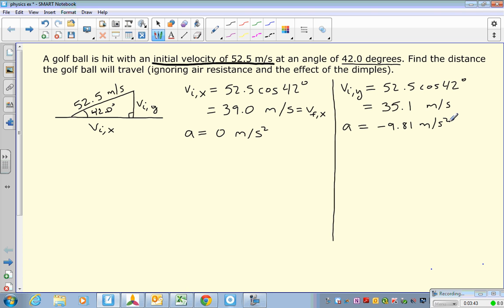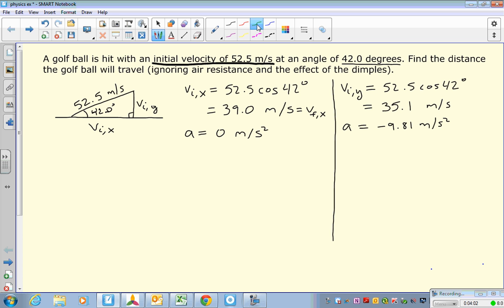Okay, so now we've kind of run out of the initial velocity and acceleration stuff, which should be really, really simple for us. So now I'm going to go through and think about what other assumptions I might have, or what I am looking for. So I'm looking for the distance the golf ball will travel.